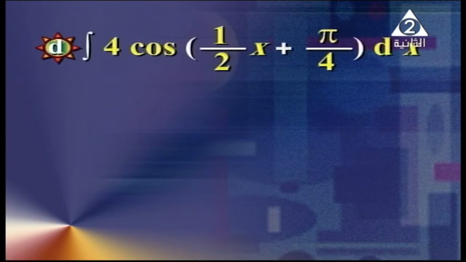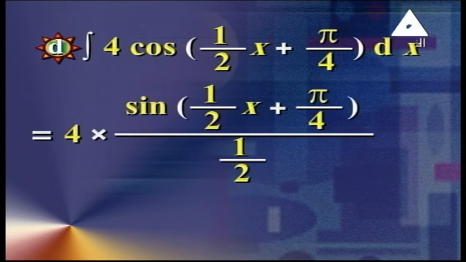what is the integration of 4 cosine of the bracket containing half x plus pi over 4 dx? Remember, pi equals 180 degrees, so pi over 4 is 45. Look, 4 is a constant. What is the integration of cosine? Sine.